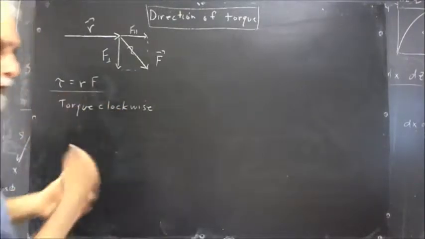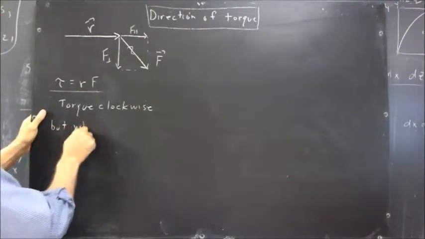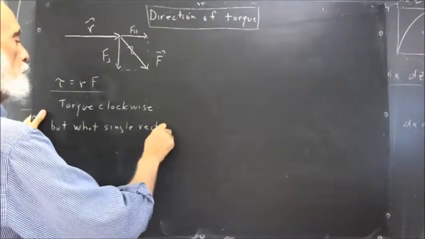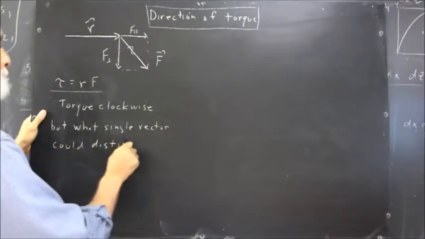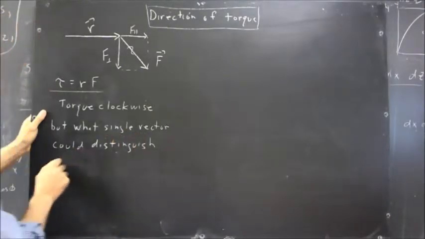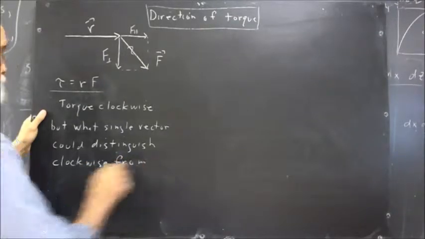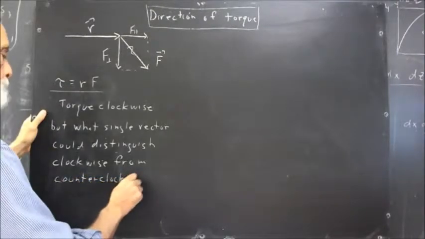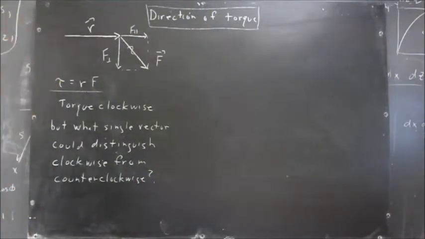So that tells us in what sense the torque rotates, but what single vector could distinguish clockwise from counterclockwise? There's no single vector in the plane that indicates clockwise direction.